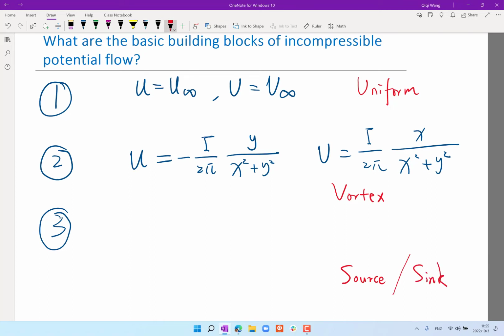When it's a source, it's a flow field that spews flow out of a single point. When it's a sink, it sucks flow into a single point, right?